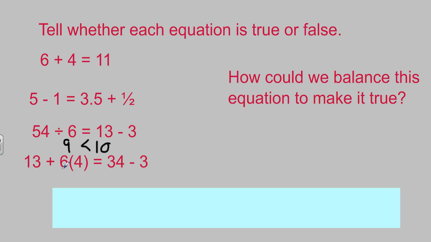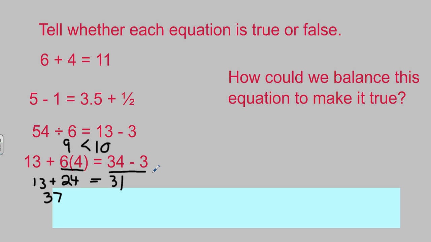Ooh, this is tough. We need to do the multiplication first, because order of operations tells us that we do multiplication before we would do any addition or subtraction. So once we did that and solved it, we end up getting 37 equals 31?